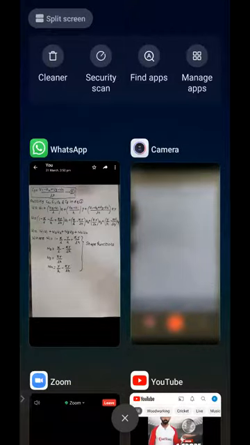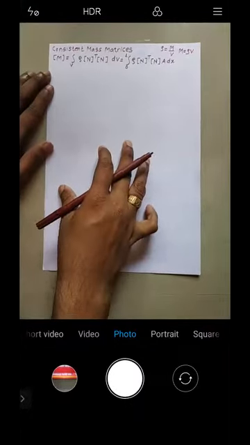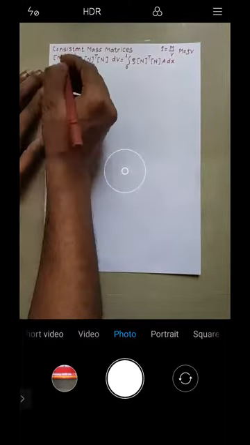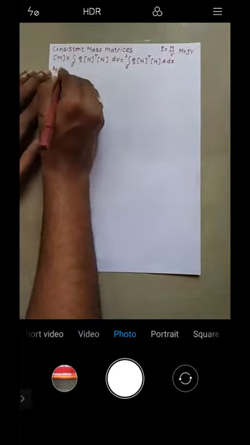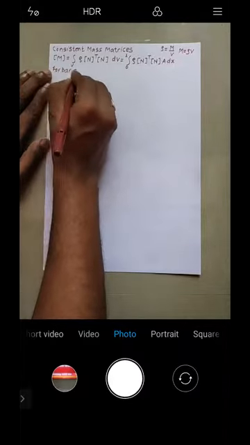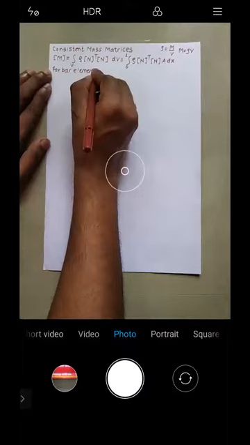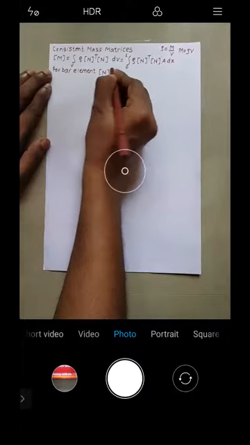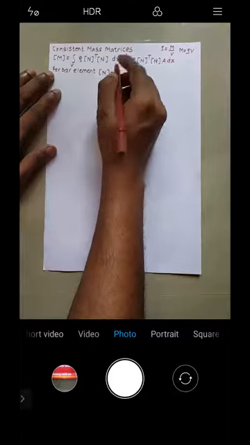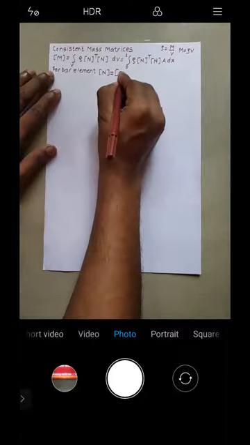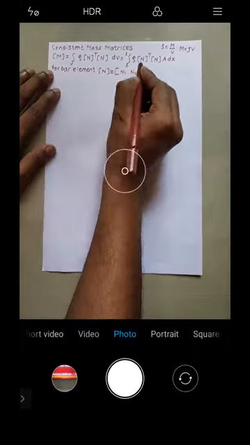This is basically the bar element, which has two nodes. Can you remember the shape functions for the 1D linear bar element? What is 1D? It is a line element. And what is linear? It is a line element with two nodes.